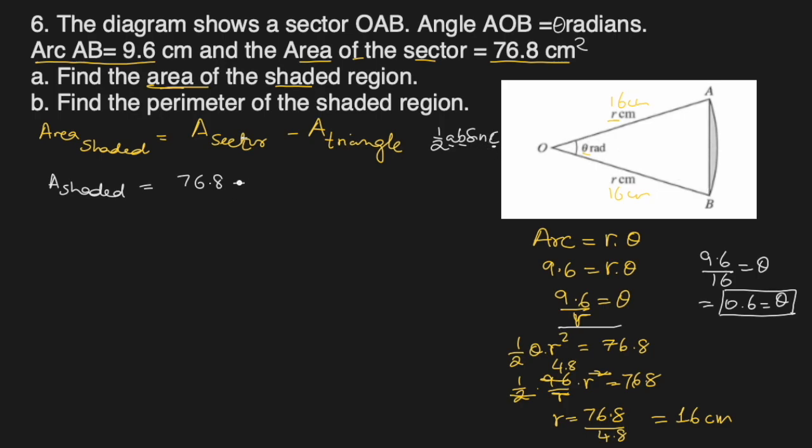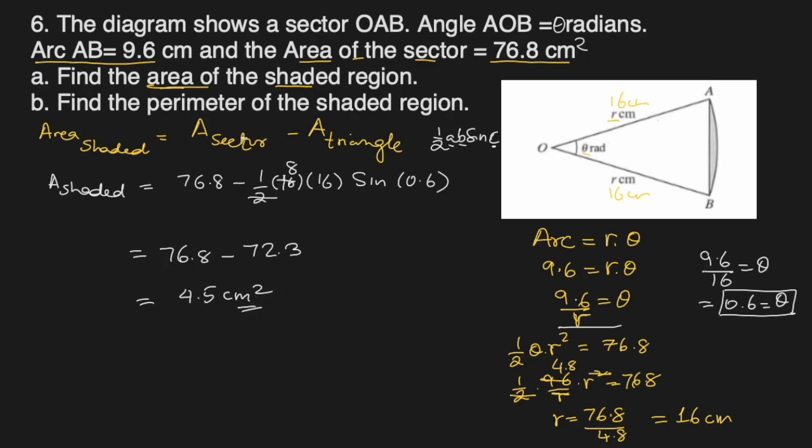So half times a is 16, b is also 16, and the angle between them is 0.6. Now we'll get our answer. 76.8 minus this, which comes out to be 72.27, and let me write 3 to round it off. That comes out to be 4.5 centimeters squared. Got the area of the shaded region.